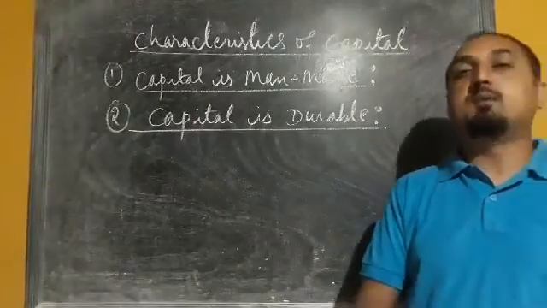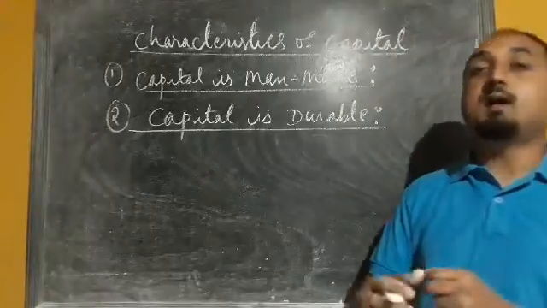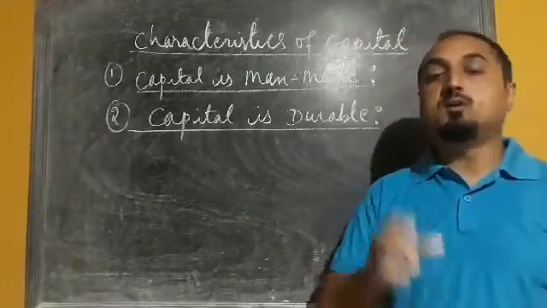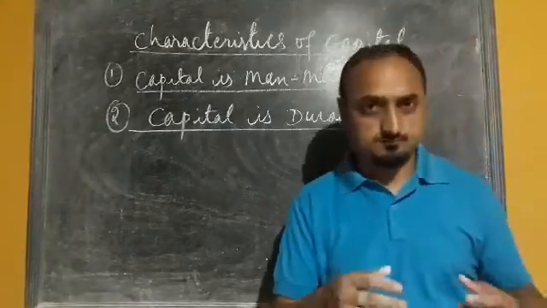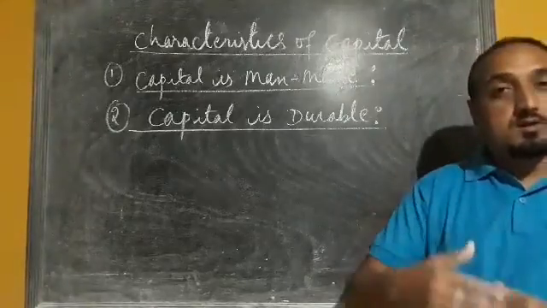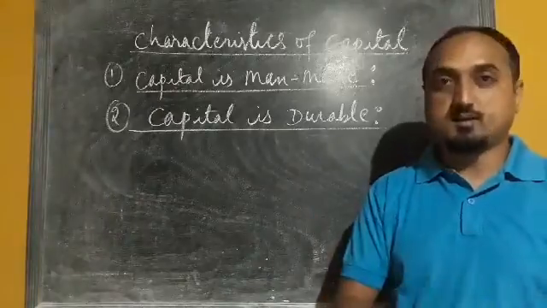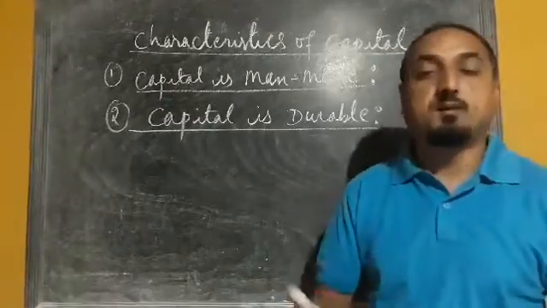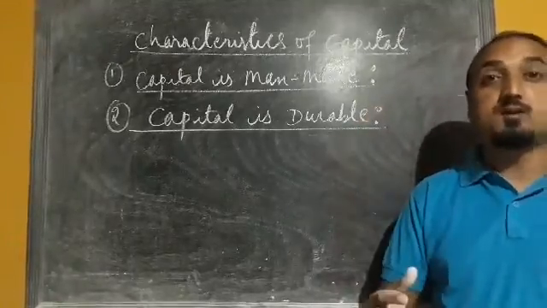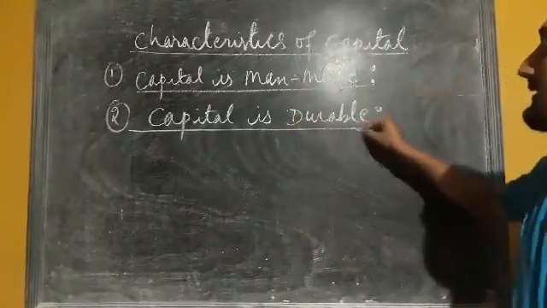Some capital goods can be used for 2 months, 5 months, 10 months maximum. After that, they may get damaged, like mobile phones and electronic music systems, which may have a durability of 1 year or 2 years. But the different machinery, equipment, or the factory has very long durability. So that is called capital is durable.